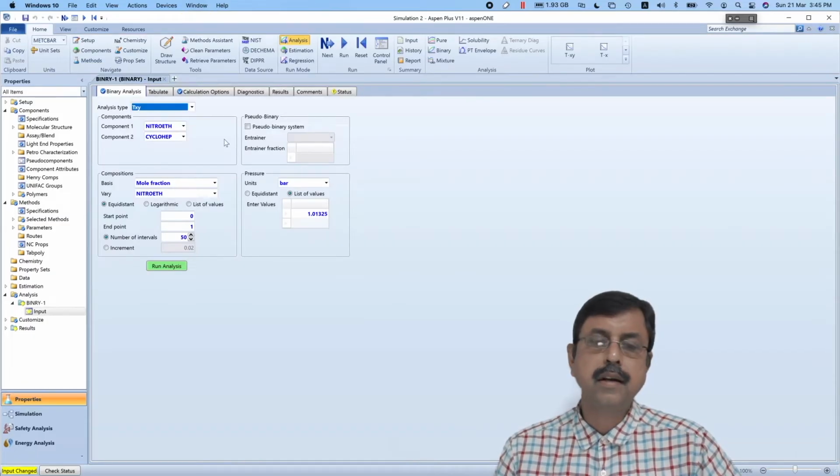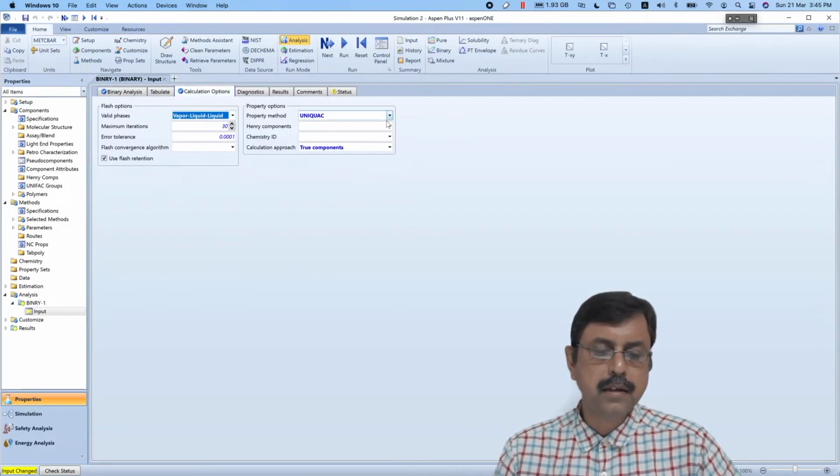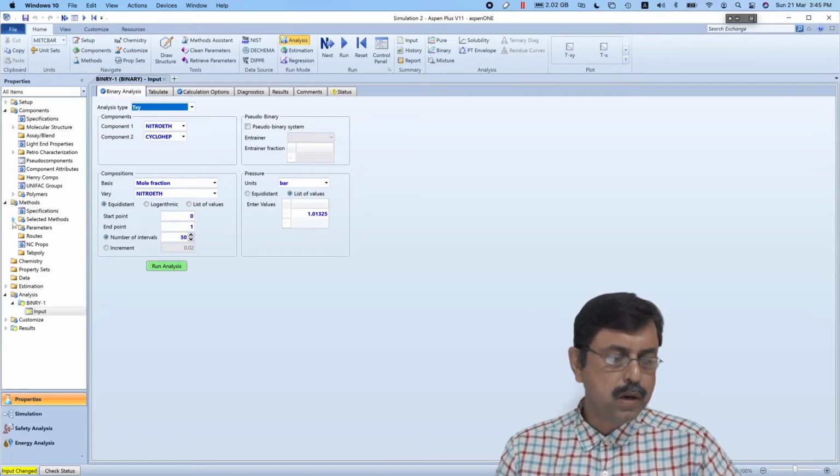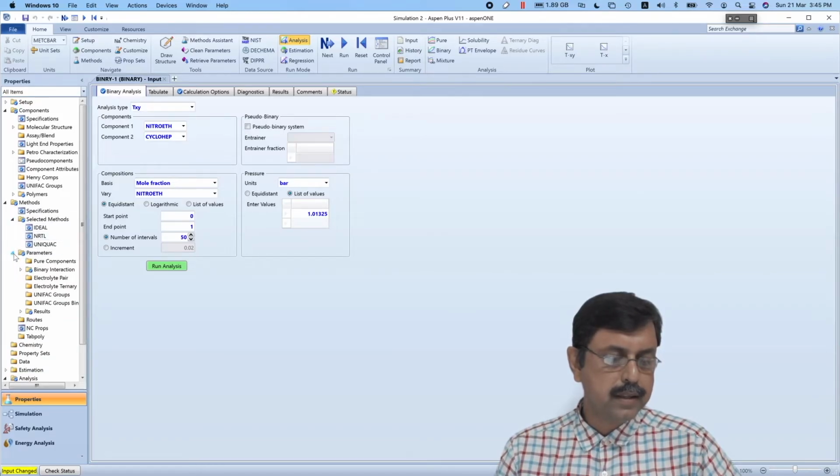But we are concerned why the inertial method is not giving any change of activity coefficient. For that, let us go back to our inertial method and check the binary parameters of the inertial method.